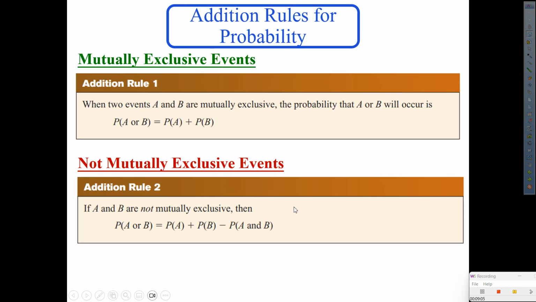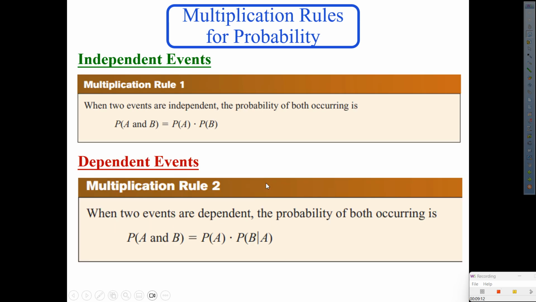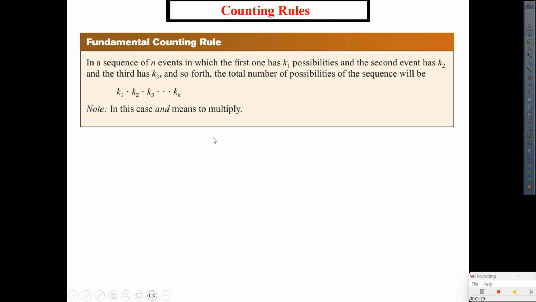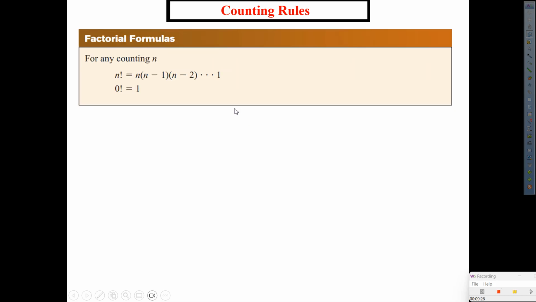From there we went to the addition rules. From there we went to the multiplication rule. From there some conditional probability. You guys remember that? From there, we went to the fundamental counting rule, and then from there, it landed us where? For the factorials, 2 rules for that.